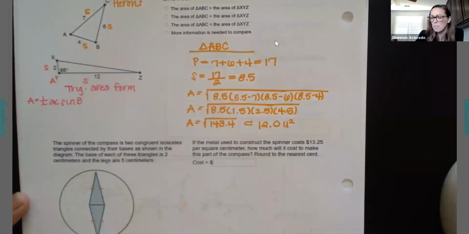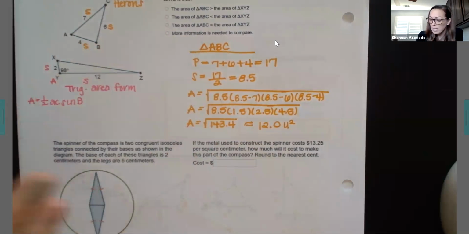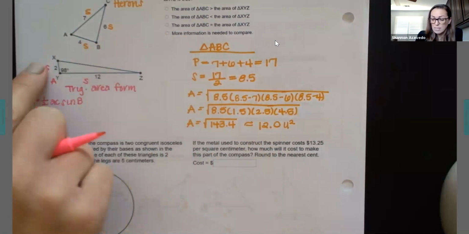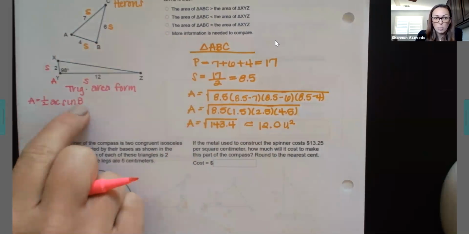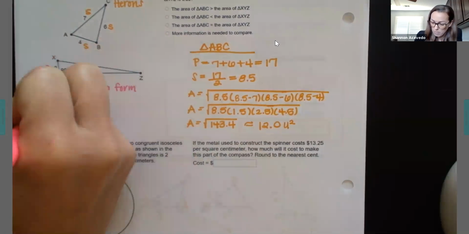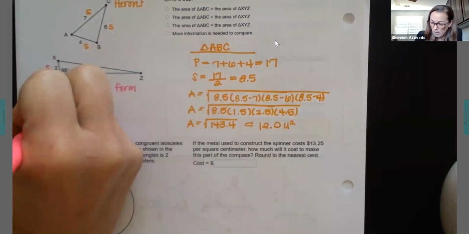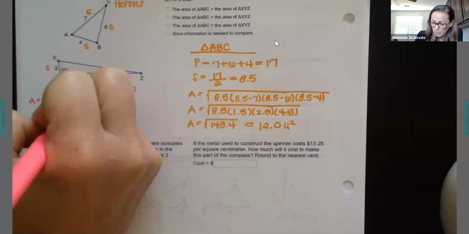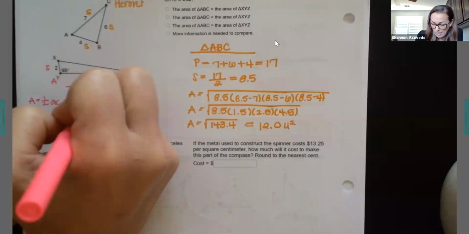We don't even have an A, B, or C here. All it's saying is that these are the two sides and then the included angle, the angle between them. So in this case, it's going to be 1/2 of 2 times 12 times sine of 98 degrees.